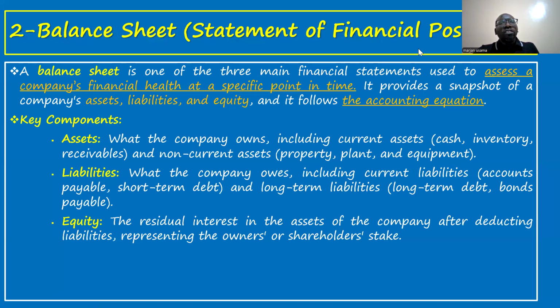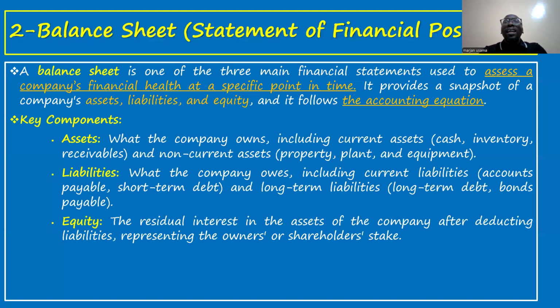Now, a balance sheet is one of the three main financial statements used to assess a company's financial health at a specific point in time. So if you want to know how well we are doing, the investors and stakeholders will always analyze your balance sheet.